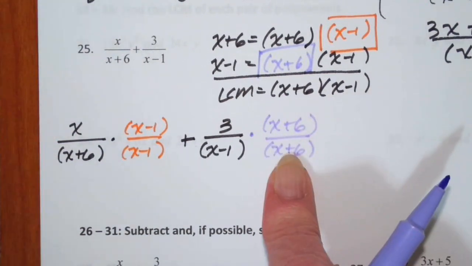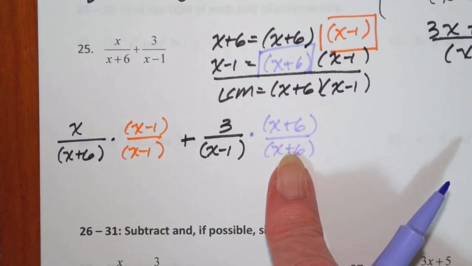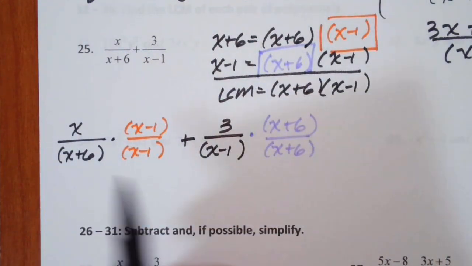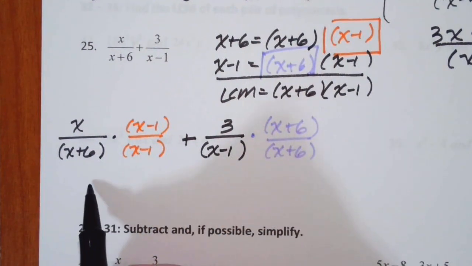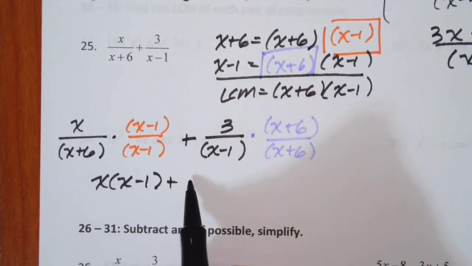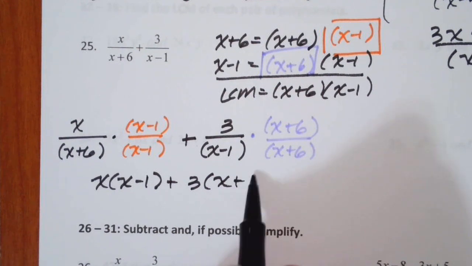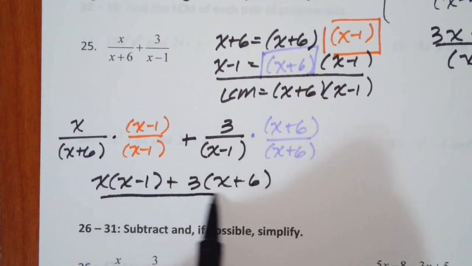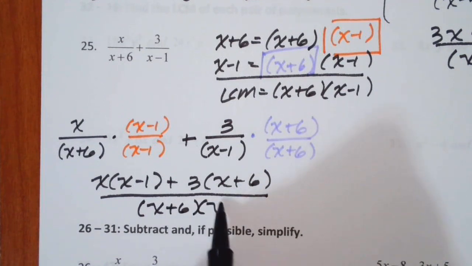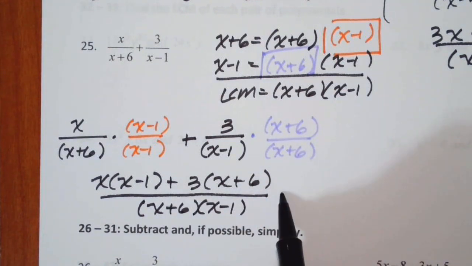Remember, I'm just multiplying by 1 here. So I'm not changing the value, I'm just changing the way that it looks. Okay, so this becomes x times x minus 1 plus 3 times x plus 6 all over the common denominator of x plus 6 times x minus 1.